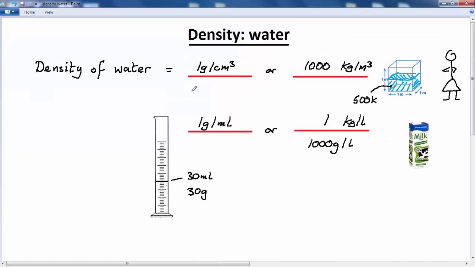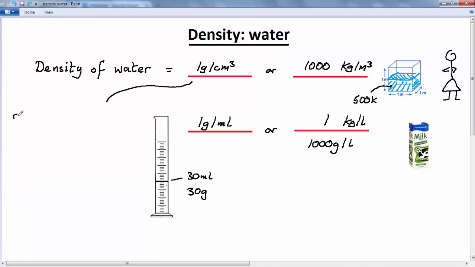Now there is just one more important thing I'd like to add about the density of water. You might have said at the start, well, what an incredible coincidence that such an important and common substance as water has a density of 1 gram per cubic centimetre. Well, that is not a coincidence. That is because the density of water was arbitrarily chosen or defined to be this. Let's just make a note of that.